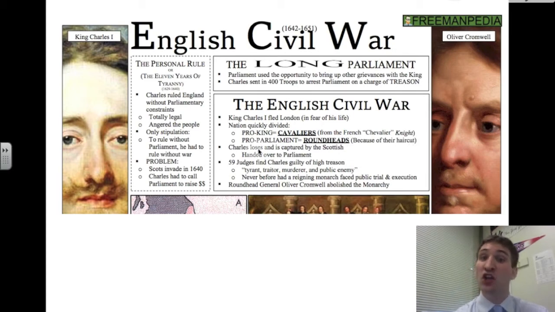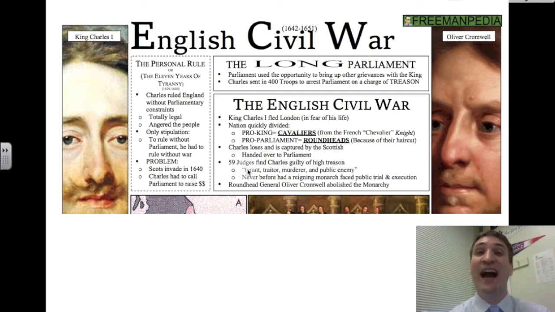What happens? Charles loses and is captured by the Scottish, who are pairing up with Parliament. And the Scottish troops hand Charles I over to Parliament, and 59 judges find Charles I guilty of high treason.